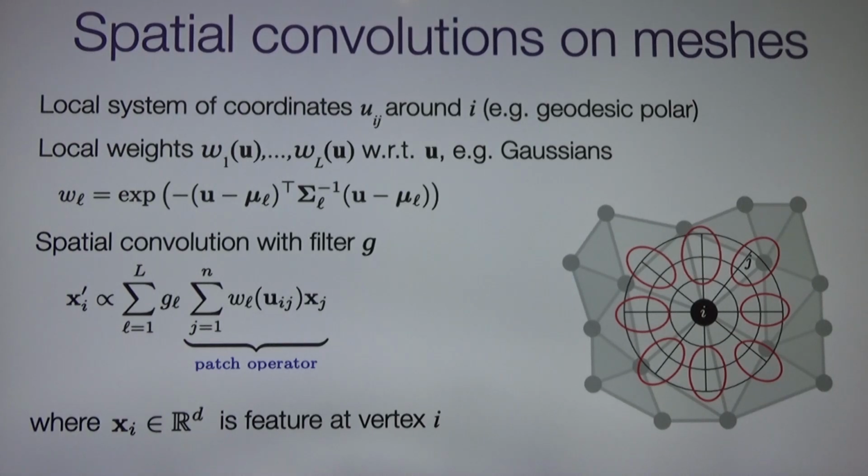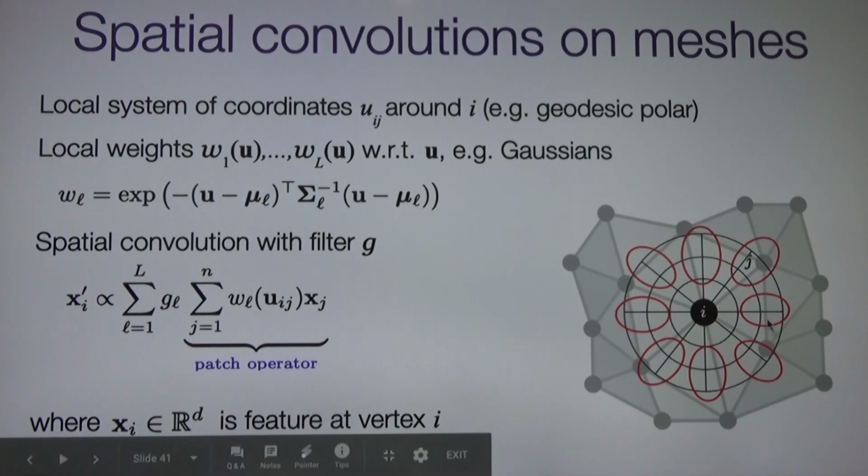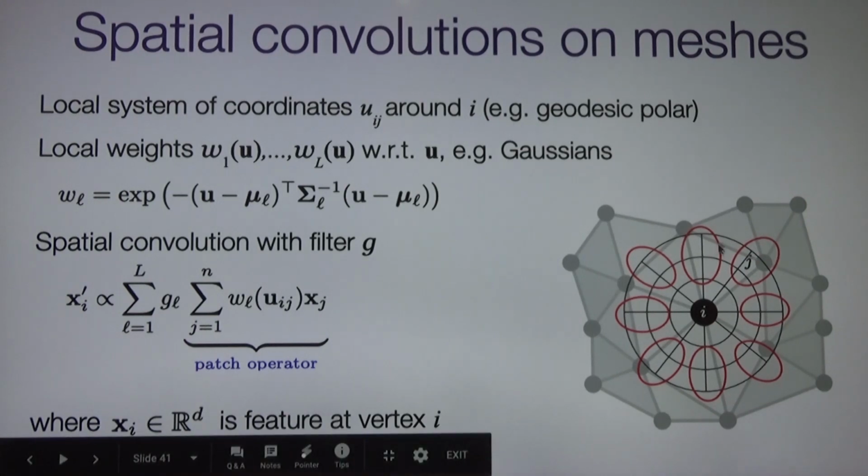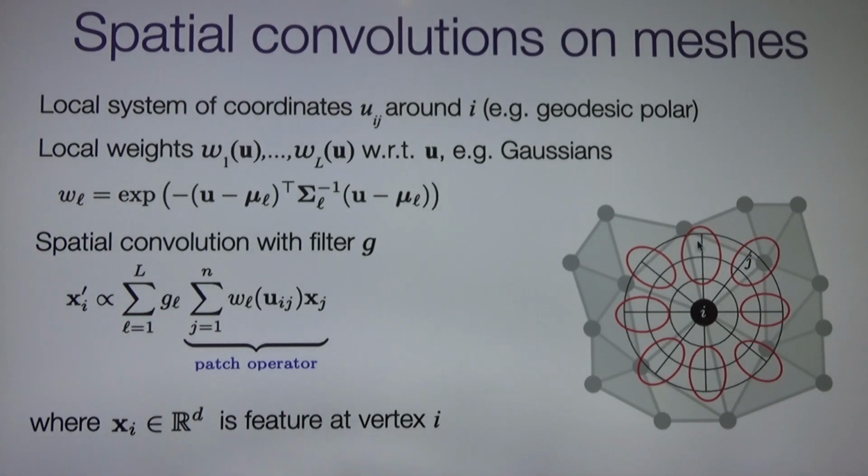So for instance, I'm basically defining these 8 spatial places here depicted in red ovals, and I interpolate features across this entire grid into each of the 8 ovals here.